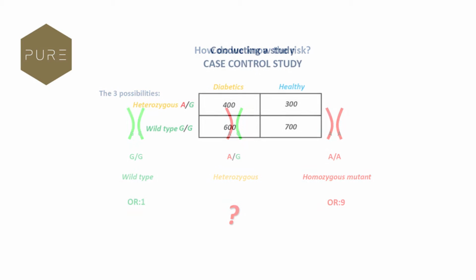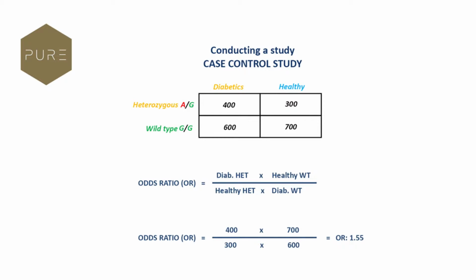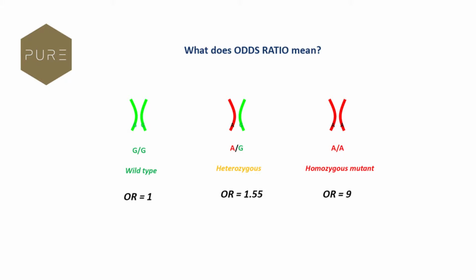You do the same kind of calculation again. You look at the diabetics, how many are heterozygous, how many are wild type, healthy, how many are heterozygous, how many are wild type. Put in the numbers and you get an odds ratio of 1.55. And here's the number. So this person has a 1.55-fold risk compared to the wild type, and this genetic type has a 9-fold risk.